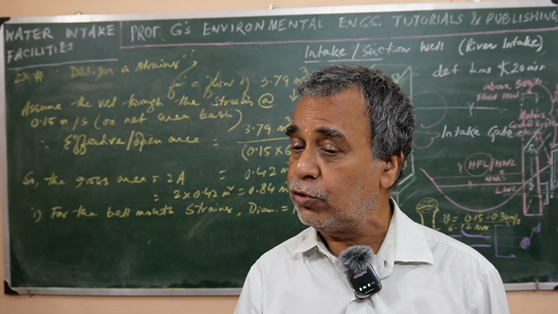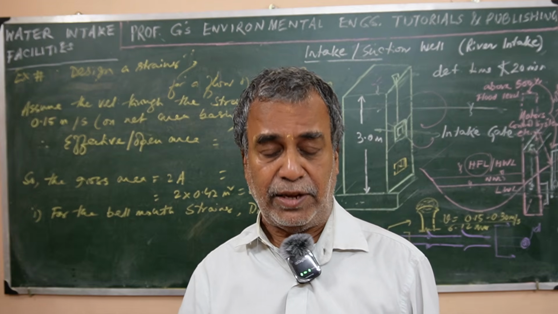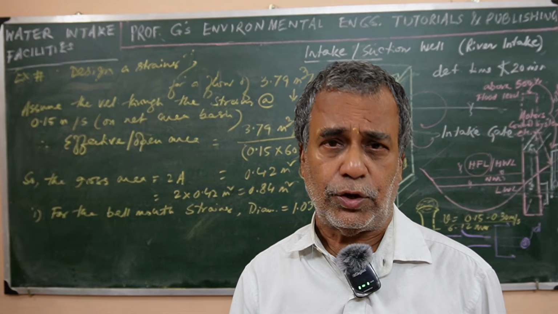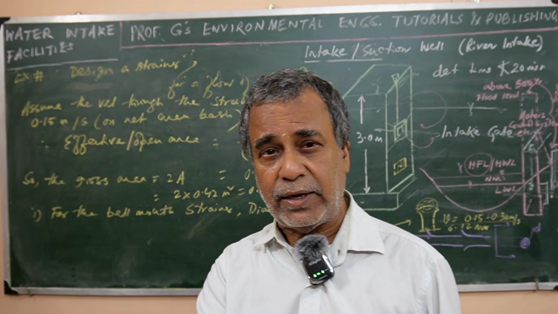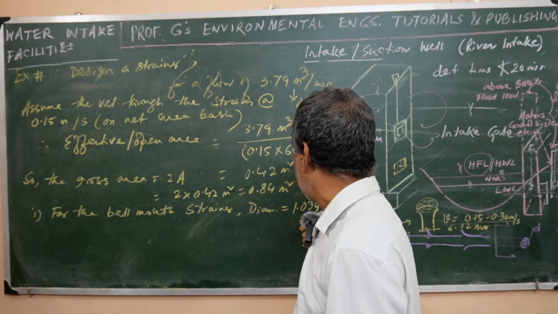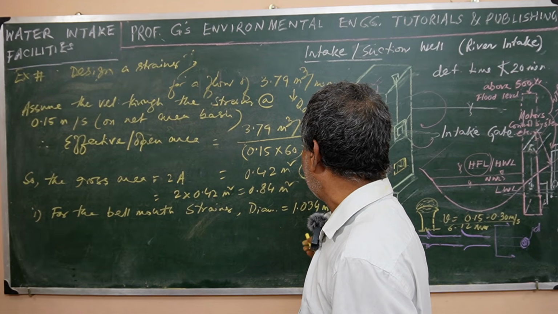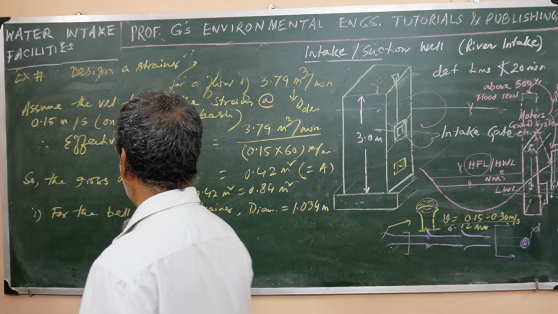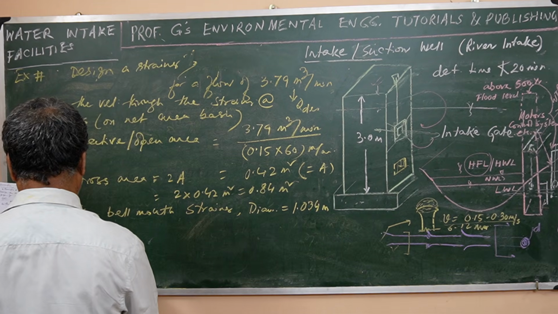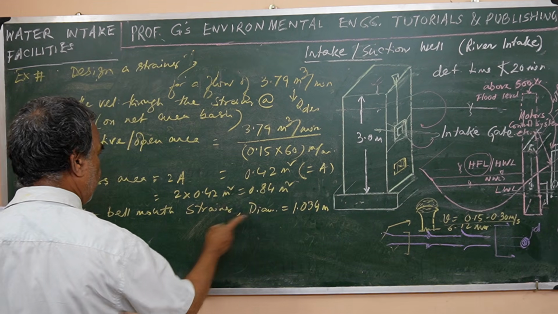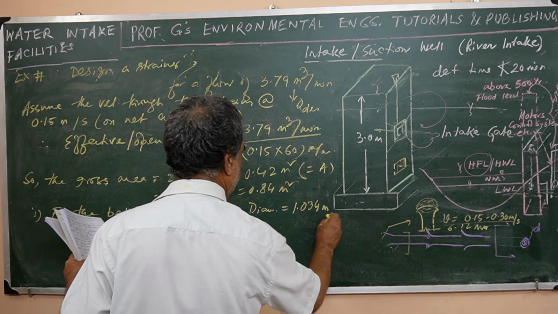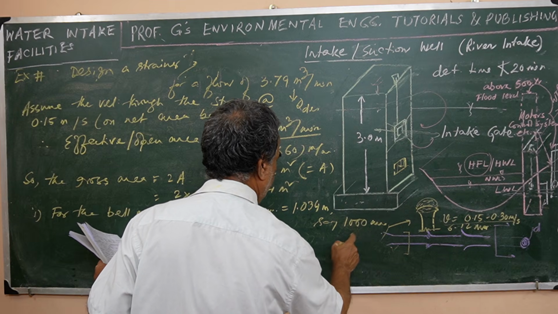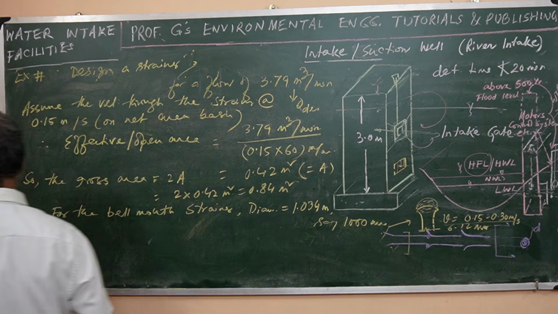The higher size obviously will give you lower velocity, and if you select the next lower size, say 1000 here, the velocity will be a little higher. Accordingly you have to check the recommended range. So we have chosen 1000 millimeter because this is readily available in the market.